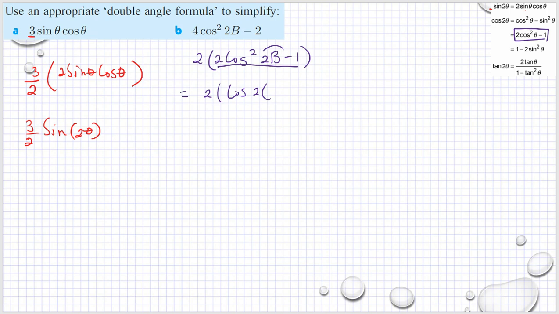This is our b right now, or alpha, and this is our theta right now. Then we have 2 cosine 4b.